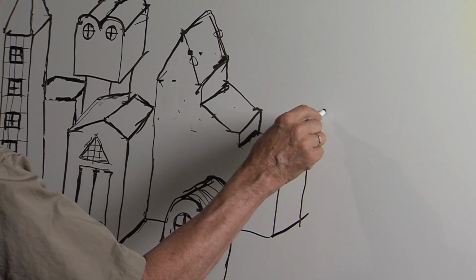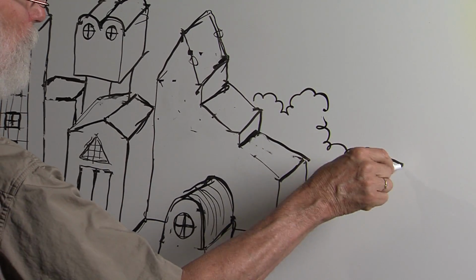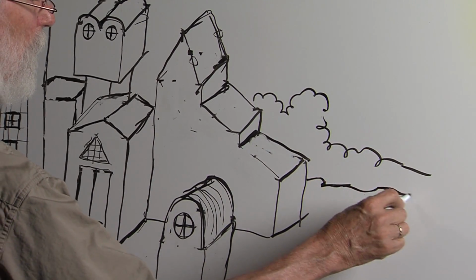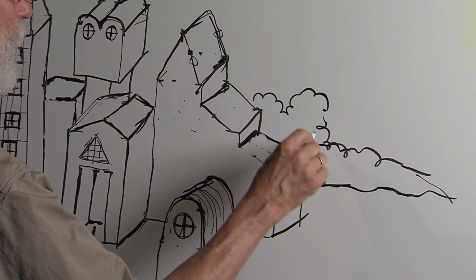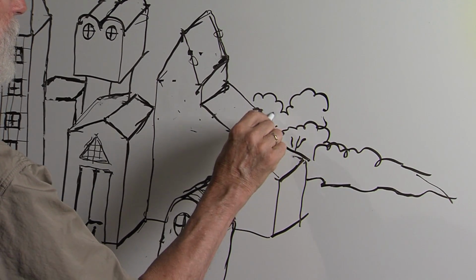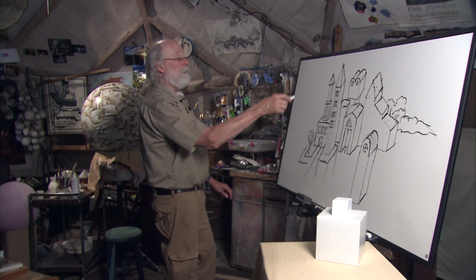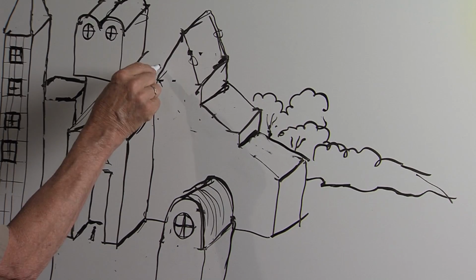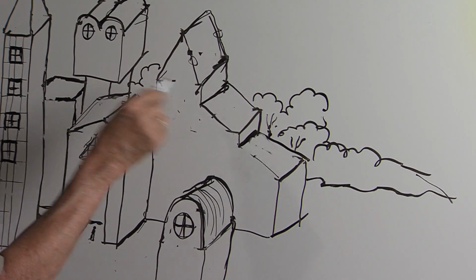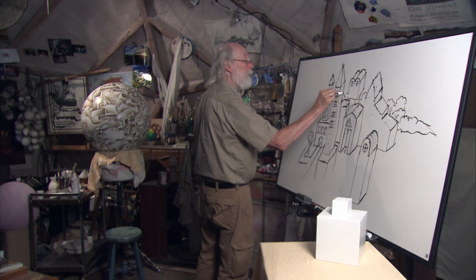A couple of trees back here always help to make it look like it's in a real world. A couple of branches up here and there help, and then that should probably continue on over here so that it looks like it's going behind all of this.